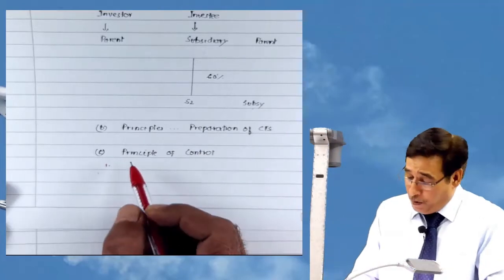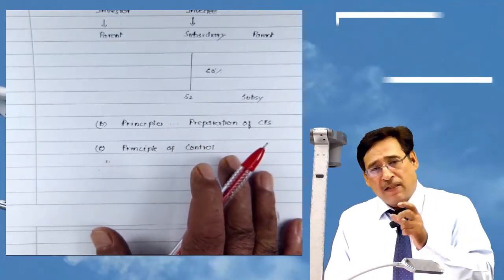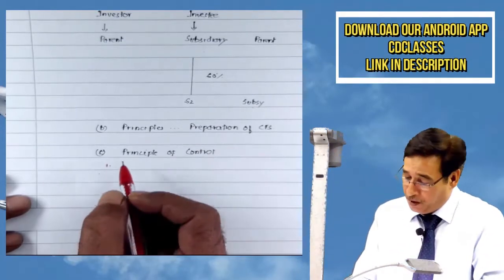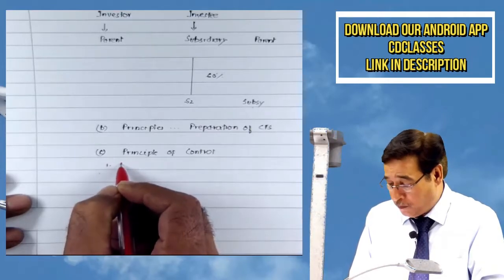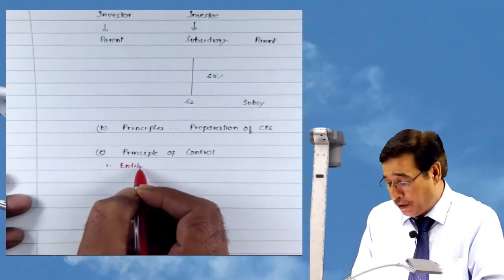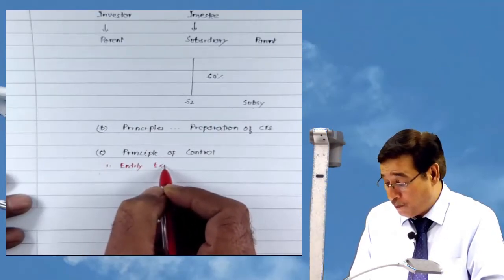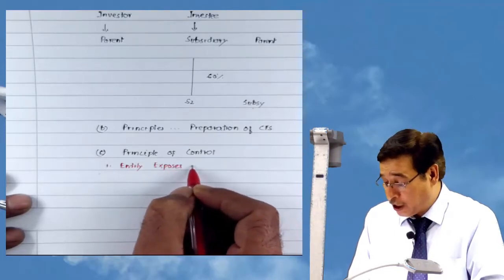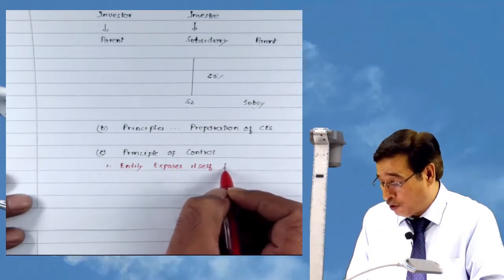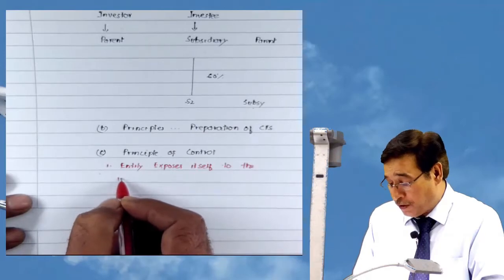So I was talking about the principle of control. An entity is said to be in control of another entity when the entity exposes itself to variable returns.